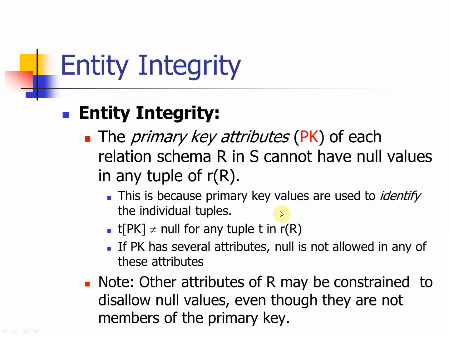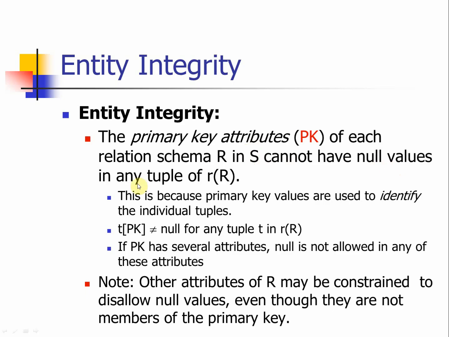Now, let's take a look at the formal definitions of the integrity constraints. So basically for entity integrity, when you define a primary key, which you mark by underlining the attribute, each relation R in S cannot have a null value there.